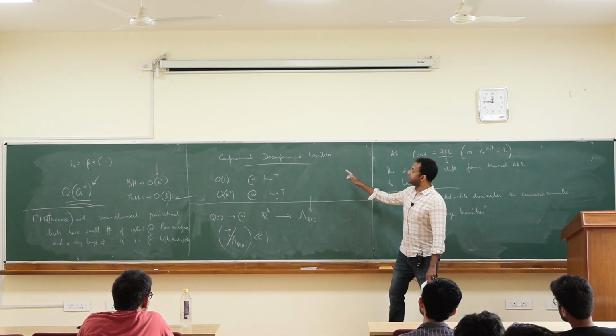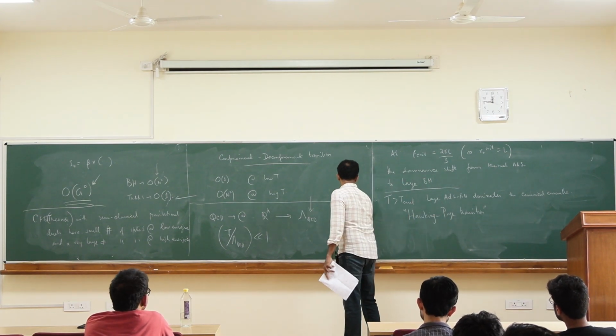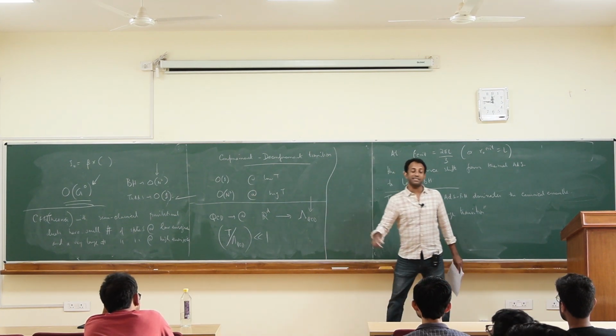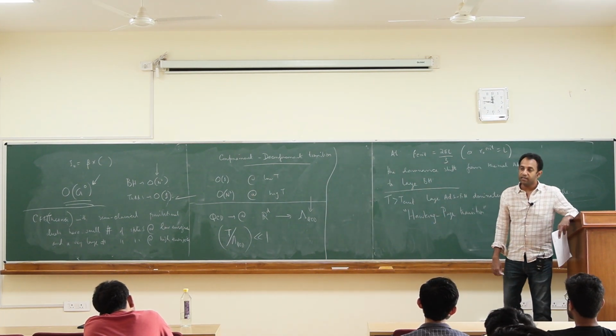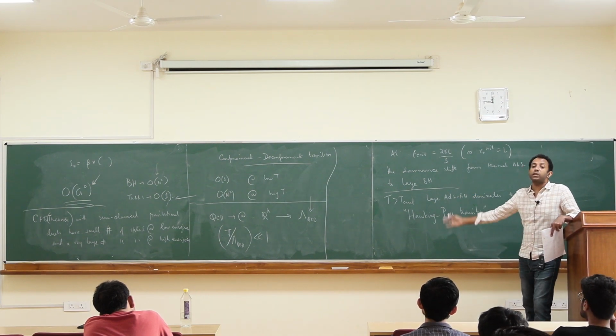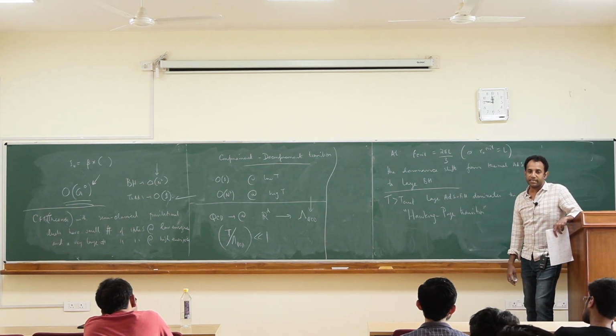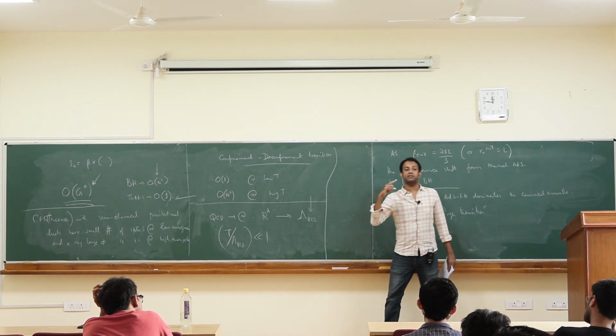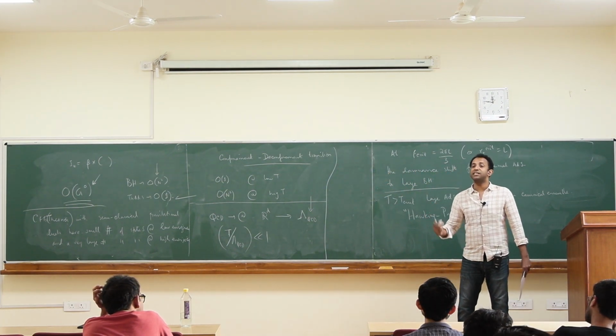The case of N equals 4 super Yang-Mills is a little bit more interesting, or in some ways a little bit less interesting, because it is a truly conformal field theory. The reason QCD has this lambda QCD is that quantum corrections generate a new scale.